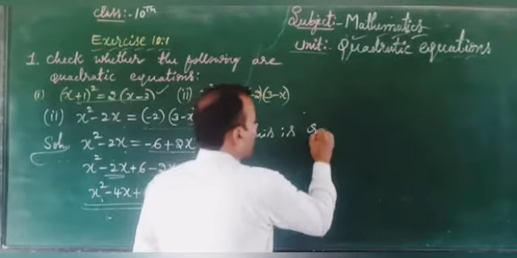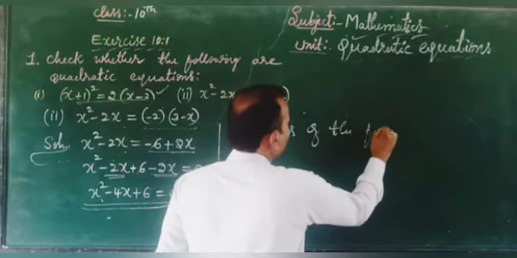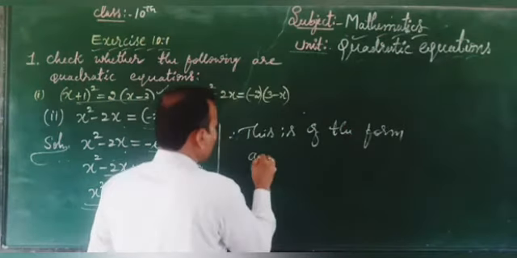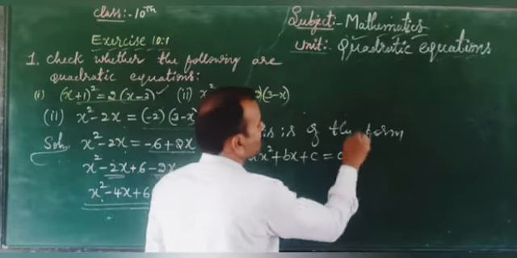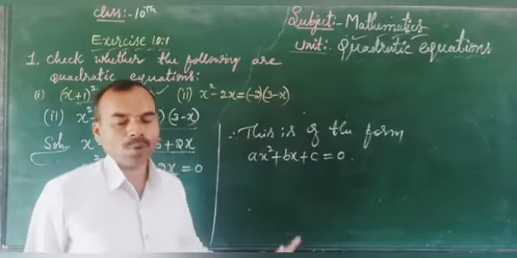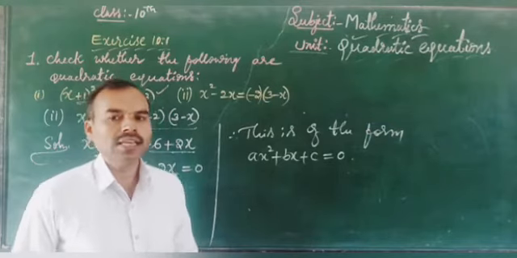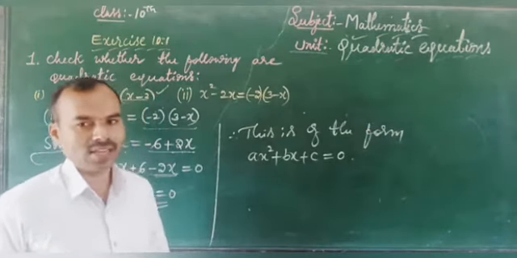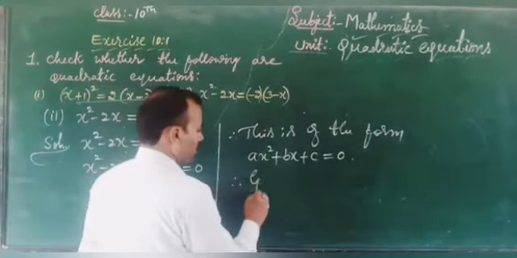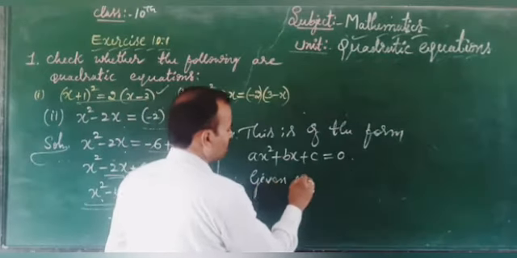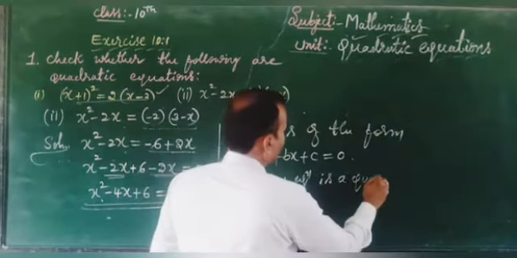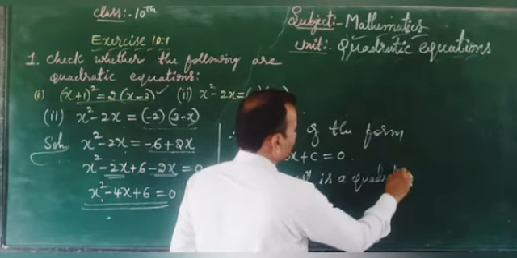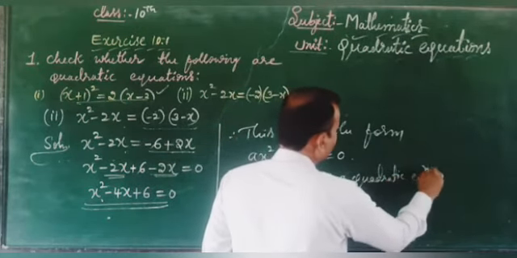This is of the form ax square plus bx plus c equals 0. Therefore, the given equation is a quadratic equation.